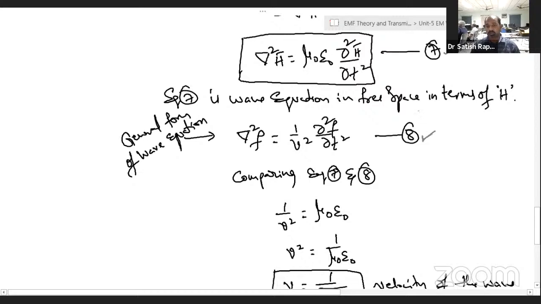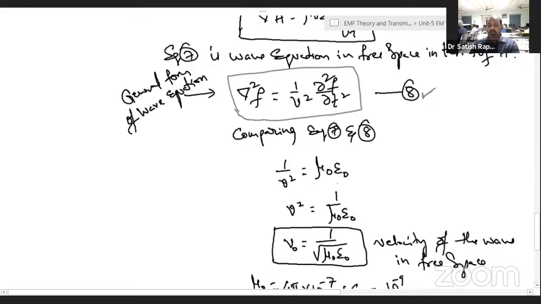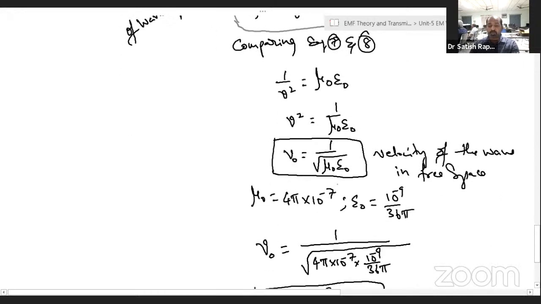Comparing equation 7 and equation 8, 1 by v square is equal to mu naught epsilon naught, and v square is equal to 1 by mu naught epsilon naught. V naught is equal to 1 by root mu naught epsilon naught.